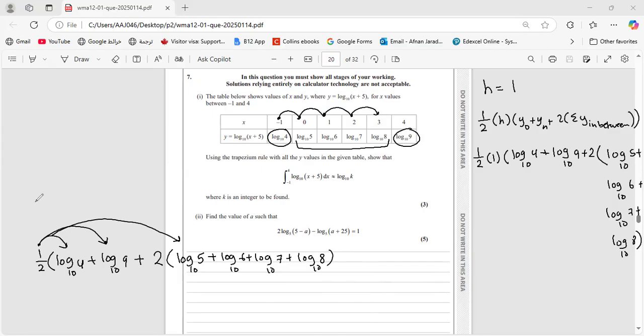Here you have addition, so according to the laws of logarithms you need to multiply: log a x plus log a y equals log a (xy).